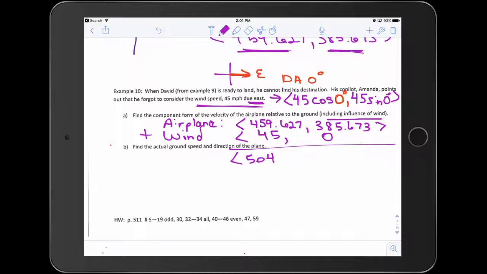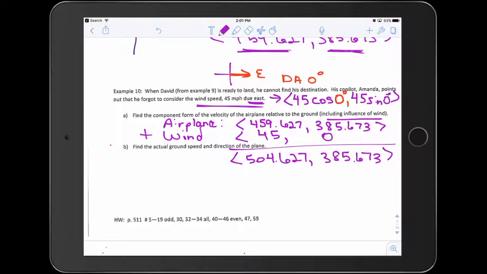So this is the resultant vector, the combined vectors, I should say. Notice that what's happening is we're adding 45 miles per hour just to the horizontal velocity, which totally makes sense because if the wind is going east, that's going to affect your horizontal velocity.